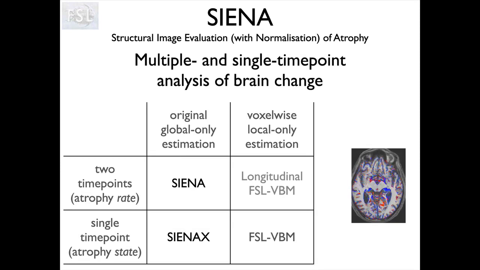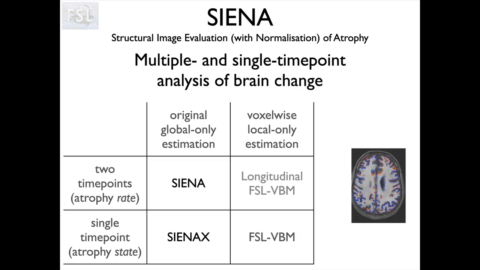The other tool that's worth knowing about is SIENA. And SIENA, again, looks at grey matter, and it is used to look at changes in the structure or the anatomy of the brain. The big difference between SIENA and VBM is the fact that VBM is voxel-wise. It makes maps of where the changes are.